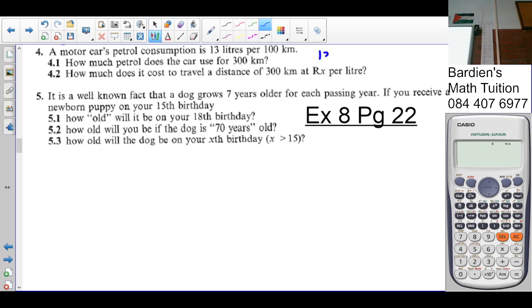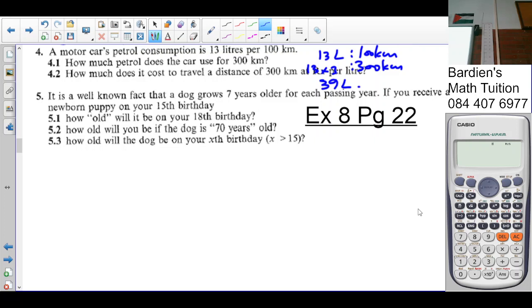Because 13 liters gives us 100 kilometers. For 300 kilometers, I multiply it by 3. So I multiply 13 by 3, I get 39 liters. So it takes 39 liters to cover a distance of 300 kilometers. You all okay with that?